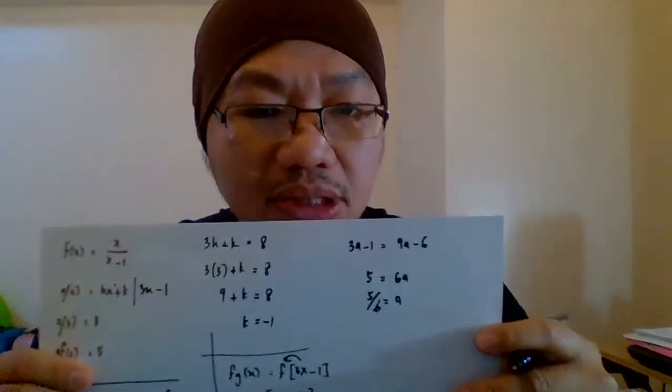So you're supposed to get 3a minus 1 equals to 3a minus 2 moved to the other side, it becomes 9a minus 6. So you're supposed to get 5 equals to 6a, a equals to 5 over 6. Okay, please double check.